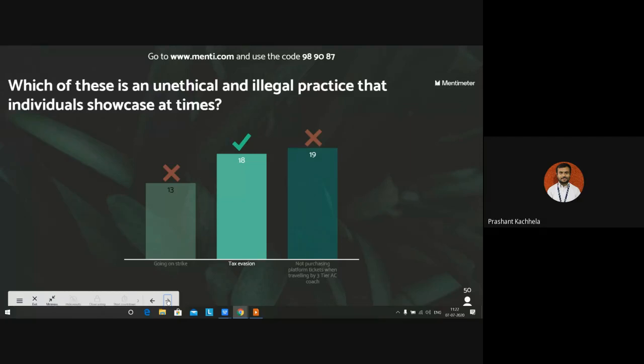Talking about the last option, guys, clap for those who voted for not purchasing platform tickets, the third option. Why? Because will you purchase a platform ticket while you are traveling in three tier AC? You already have a three tier AC coach traveling ticket with you. Will you purchase a platform ticket? No, you won't.